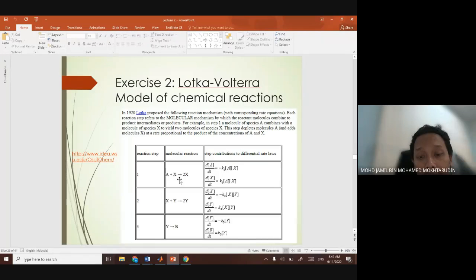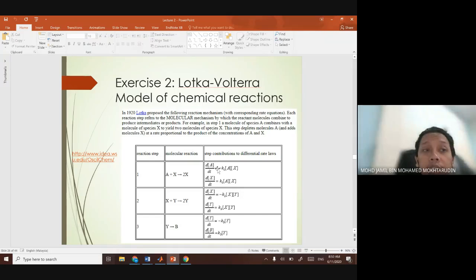So usually you will be given equations in the exam. So example here, A plus X becomes 2X, and then X plus Y becomes 2Y, and then Y over a long period of time will become B. So here you have A, X, Y, and B. You have 4 different variables or 4 different ODE equations.